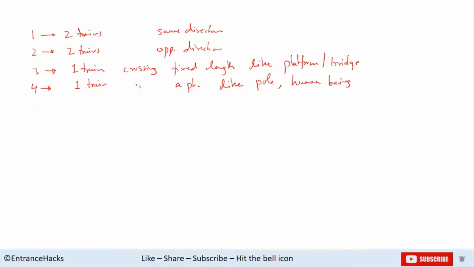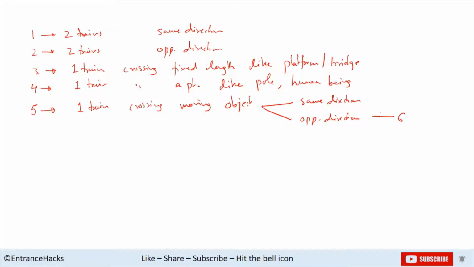The fifth type of question is one train which is crossing a moving object, and that object could travel either in the same direction or in the opposite direction. So this is our sixth type.